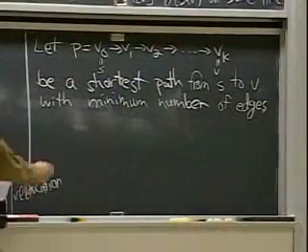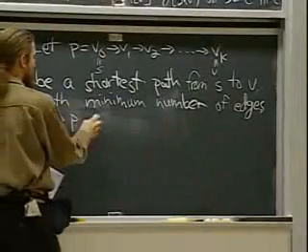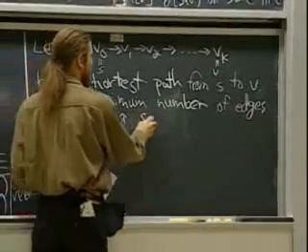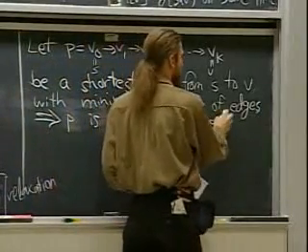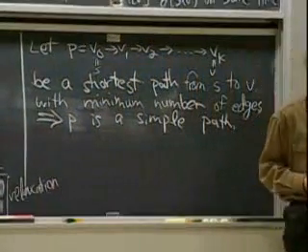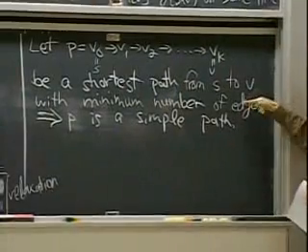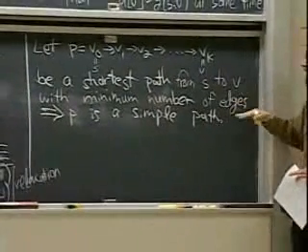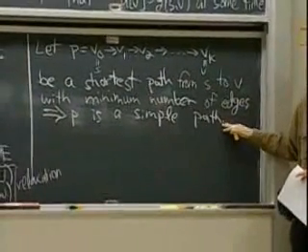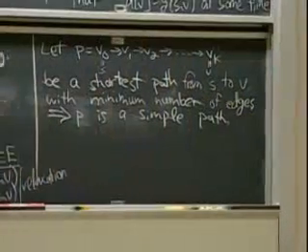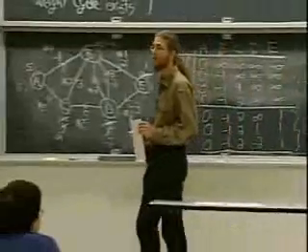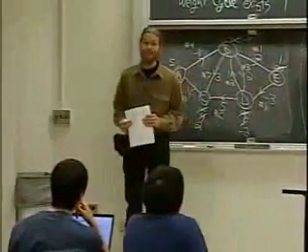And the reason I want that is to be able to conclude that P is a simple path, meaning that it doesn't repeat any vertices. Now, can anyone tell me why I need to assume that the number of edges is the smallest possible in order to guarantee that P is simple? The claim is that not all shortest paths are necessarily simple. Yeah? Because you could have a loop that has weight 0. Right, I could have a 0 weight cycle.